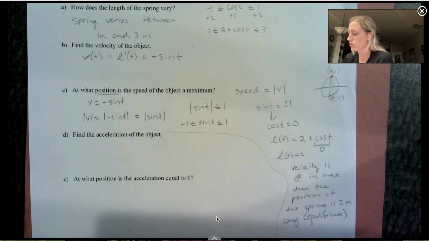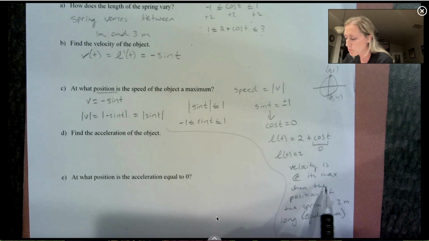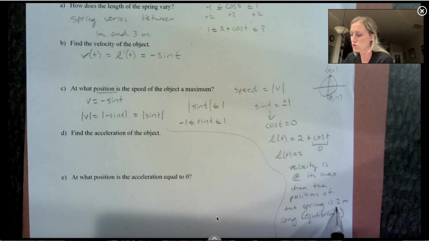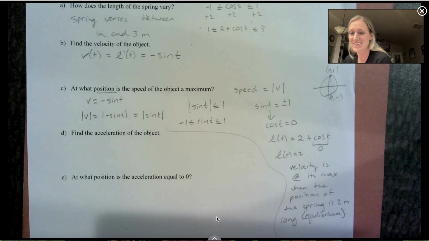So I kind of just wrote that out in words. The velocity is at its max when the position of the spring is at 2 meters, which is its equilibrium position.